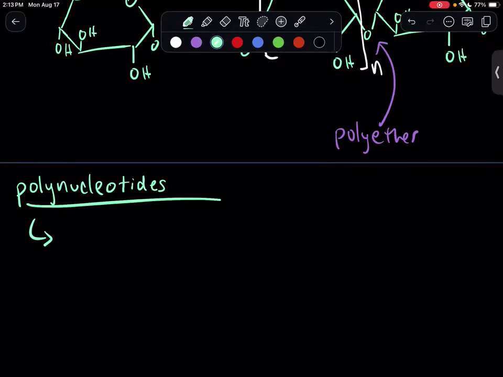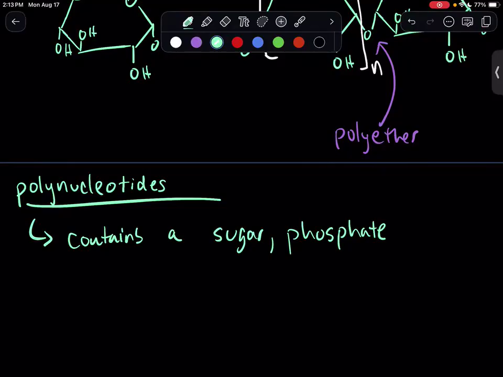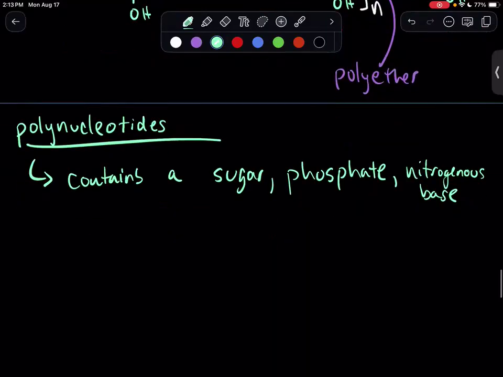So a DNA or RNA molecule contains a sugar, a phosphate group. Now, this is the same phosphate that you've probably memorized as one of your many polyatomic ions, and a nitrogenous base. And it has a pretty general structure.